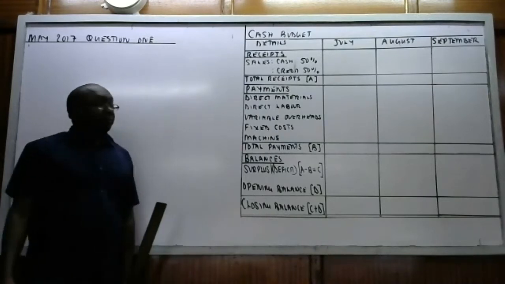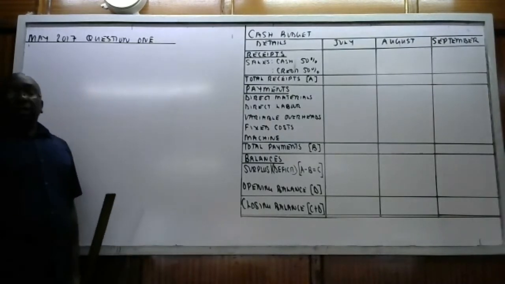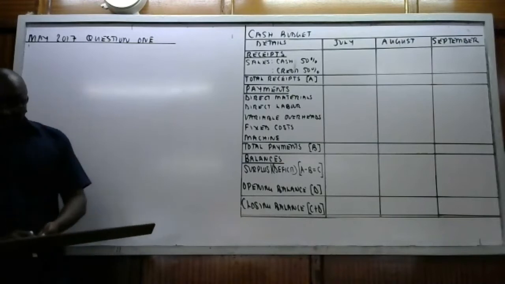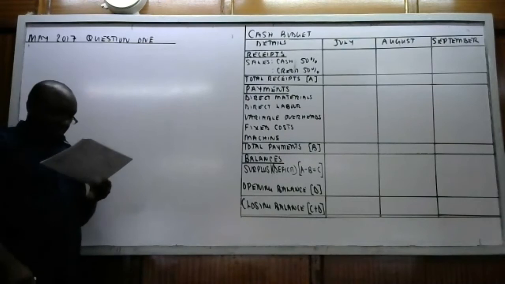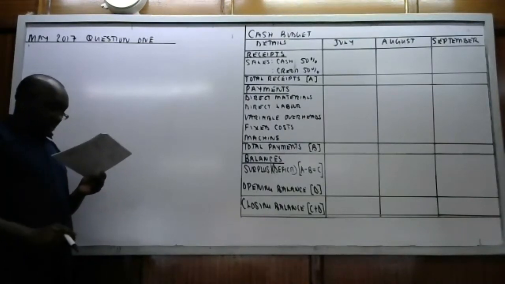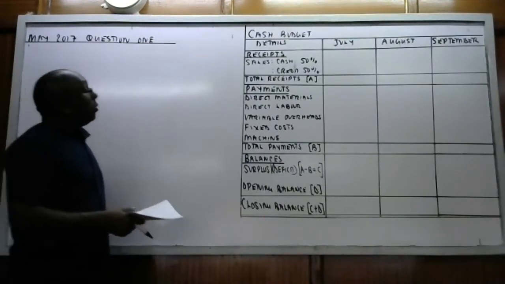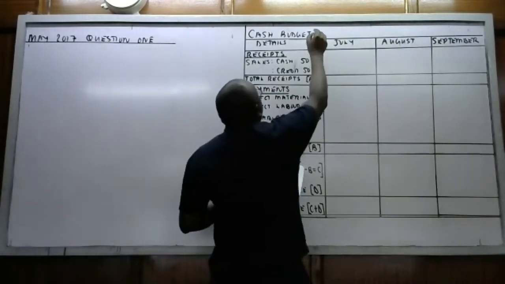What is the design? So sasa tuanze kusoma and we record the lines, so we can have our figures.